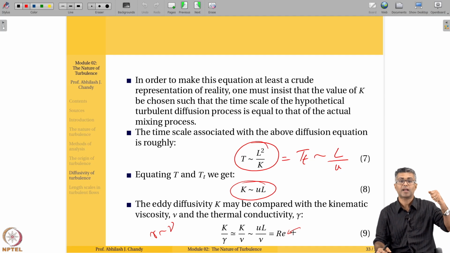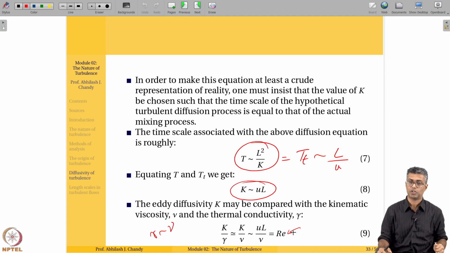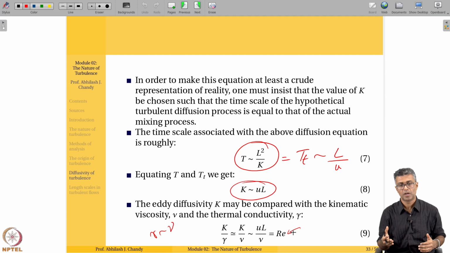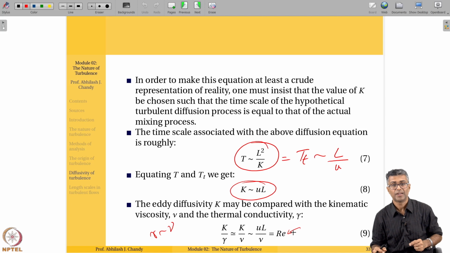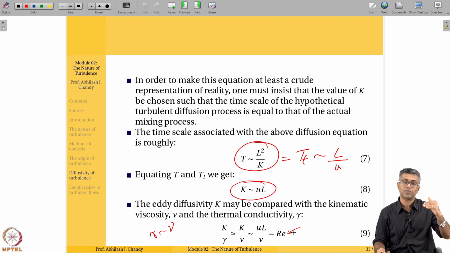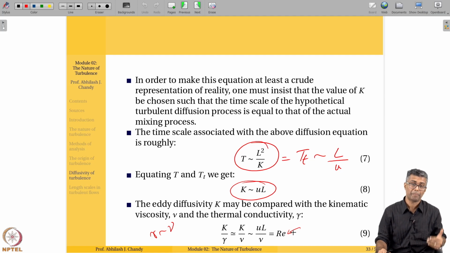And even if you take the ratio of the eddy diffusivity to the thermal diffusivity or the momentum diffusivity, since for gases thermal and momentum diffusivity are of the same order of magnitude, you get the Reynolds number again. So eddy diffusivity to momentum diffusivity becomes the Reynolds number. So as Reynolds number increases, the eddy diffusivity increases compared to the momentum diffusivity.